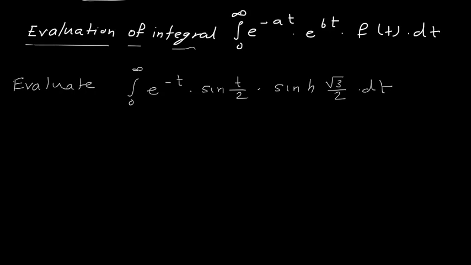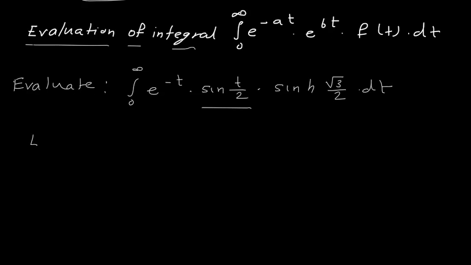We have to find the integration of this type. To evaluate an integral of this type, we first find Laplace of sin t by 2 into sinh root 3 by 2 t, and then we use the definition of Laplace.